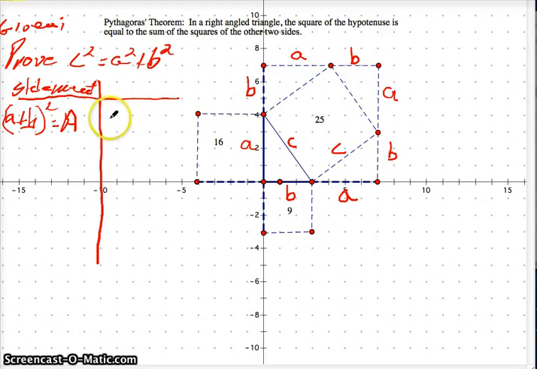Because that is the definition of the area of a square. I also know that, based on partition, if I add all these different elements up in here, it also will indicate the area of the square. So I'm going to put down here: by partition.